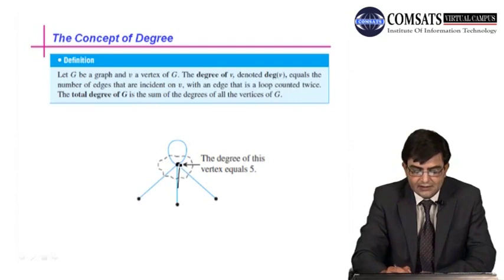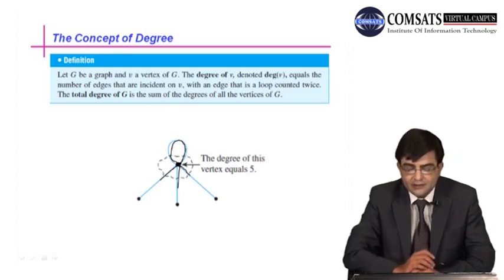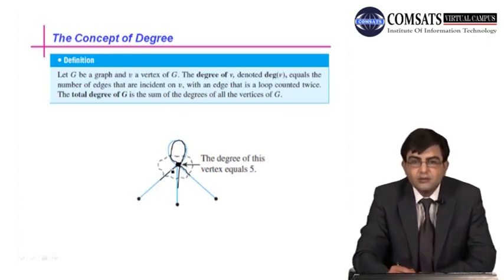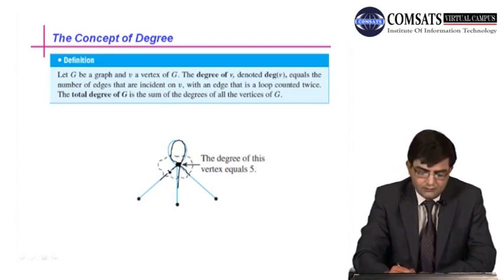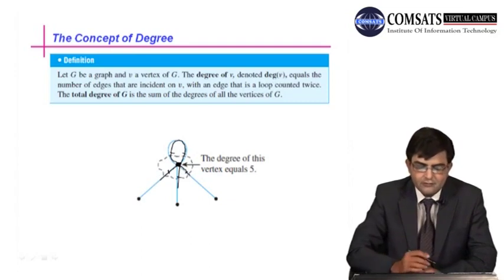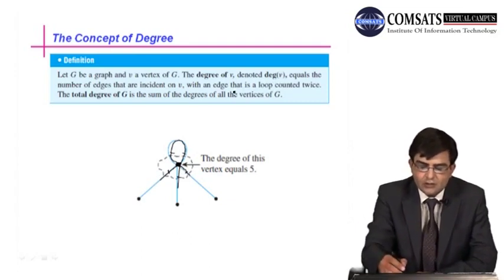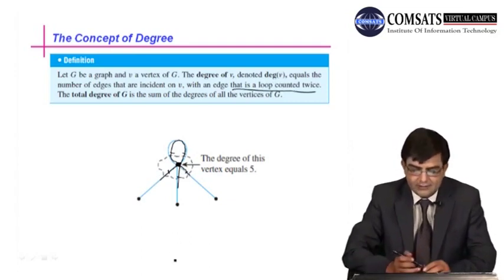This edge is incident on this vertex, this edge is also incident on this vertex, this edge is also incident on this vertex, and there is a loop which is incident on this vertex. So 1, 2, 3, 4, 5. So the loop is counted twice.